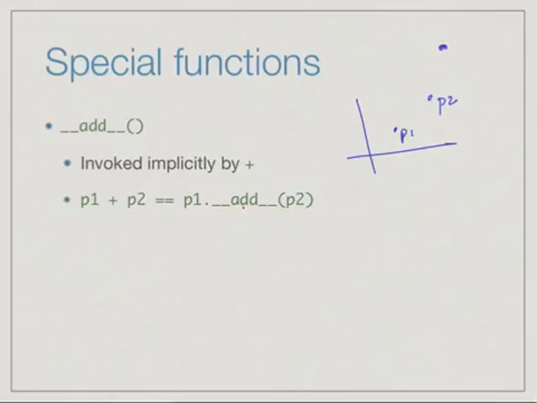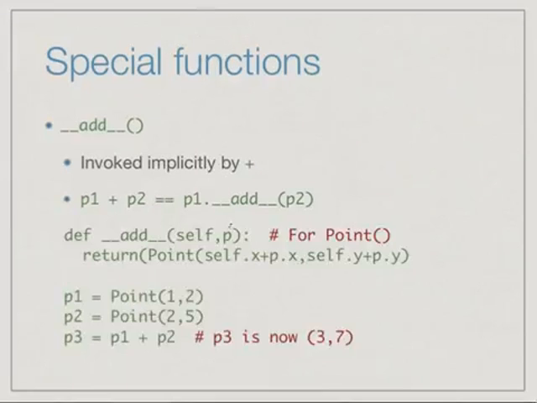So let us assume that we want to construct a new point whose x coordinate and y coordinate are the sum of the two points given to us. So here is the way we would do it. We would create a new point whose x coordinate is self.x plus p.x. Now notice that self is the point associated with p1 in this case, and when I say p1 plus p2, the other argument p2 is the point p.